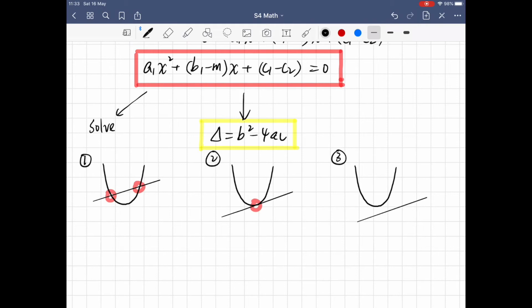So we can write it down. Two intersections. One intersection. And no intersections.